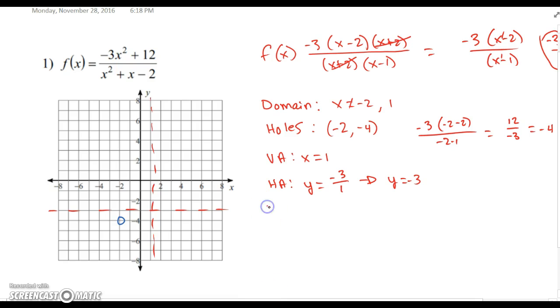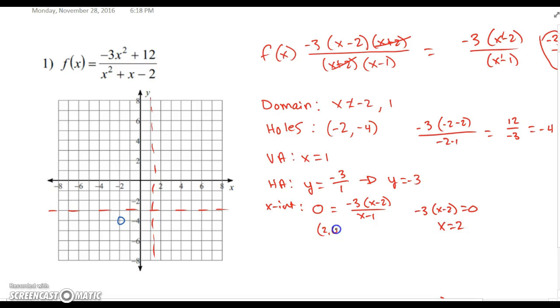Okay, so next would be the x-intercept. Plug in 0 for y: 0 equals -3(x minus 2) over x minus 1. Remembering that fractions are equal to 0 when the numerator is equal to 0, I can set this equation up, and dividing by -3, I would get x equals 2.